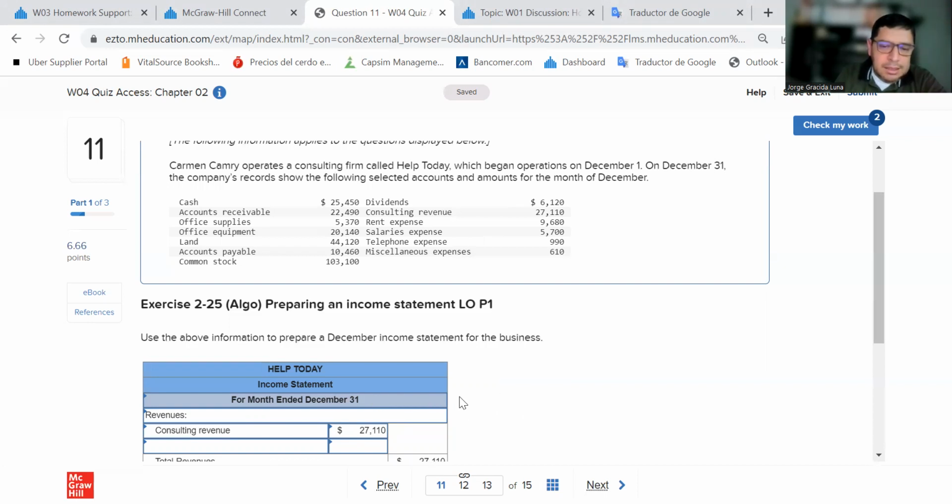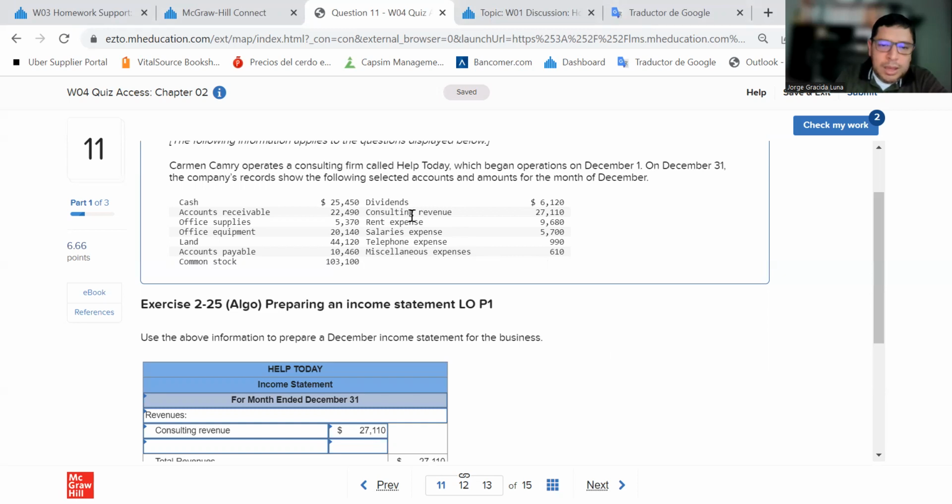In this case, this exercise is asking for this title. We know that it is one period, so we're going to choose for the month ended December 31.